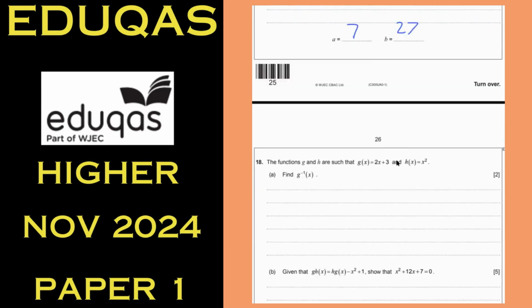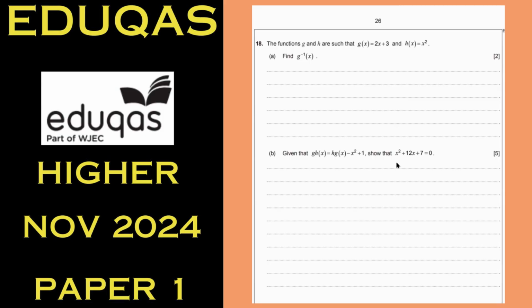On we go. Final question. Inverse functions. Find the inverse function of the g of x. Let y equal the function. Rearrange it to make x the subject. Subtract 3 from both sides.